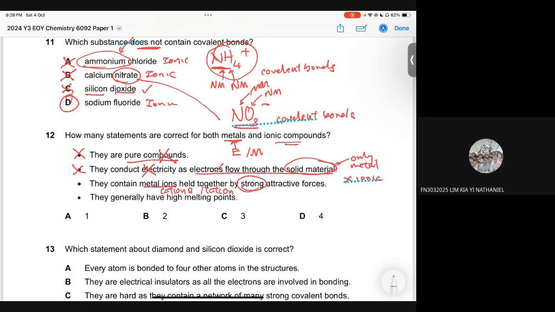The other one is the sea of delocalized electrons with the cation. So therefore, the third statement is correct. Next one, they generally have high melting point. Obviously, if they have strong attractive forces, they have high melting point. So therefore, answer for question 12 will be, wait, yeah, this answer should be B.